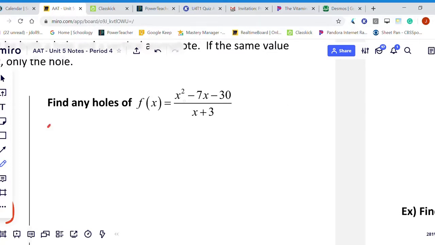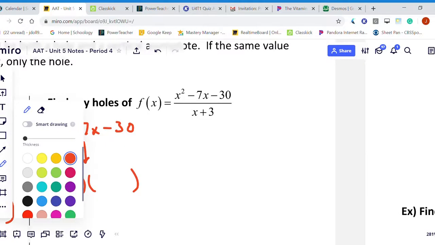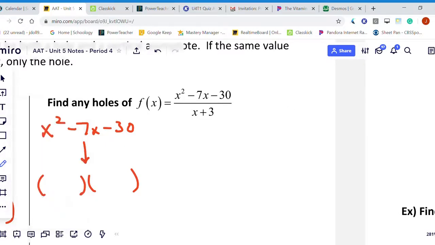So I've got to be able to take x squared minus 7x minus 30 and write it, since it's a quadratic, as two binomials. Well, since my a value is 1, this problem is not too bad, right? Since a is 1, I can find two numbers that multiply to negative 30 and add to negative 7, and those are the constants of my binomial factors.